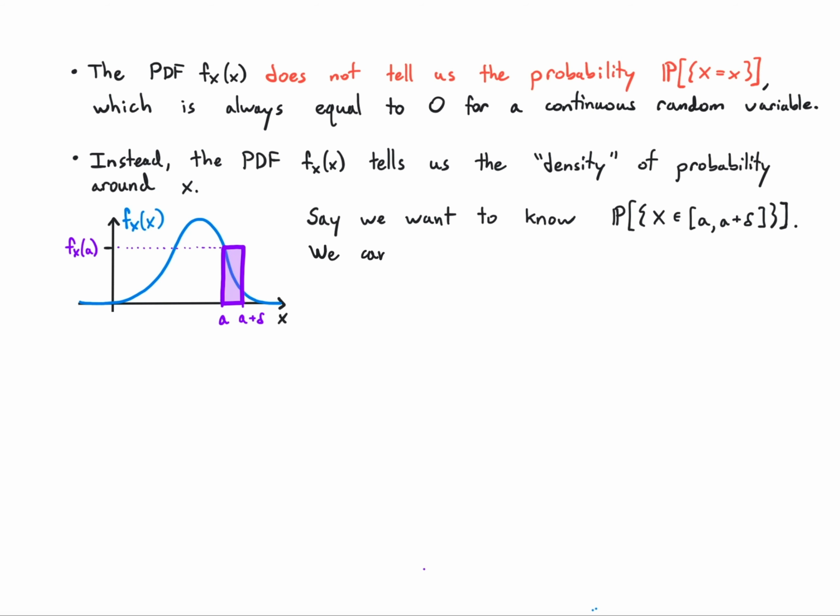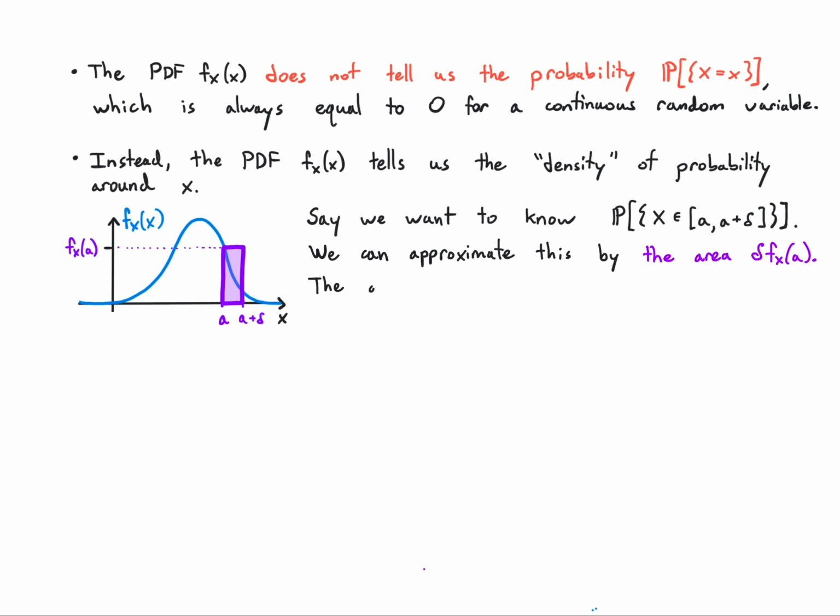I've drawn a box of height f of x at a, and I've drawn the width of the box to just be delta, which is the length between a and a plus delta. So I can approximate this probability with delta times f of x, which is the area of this box.